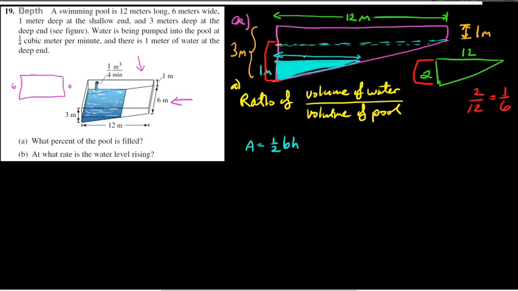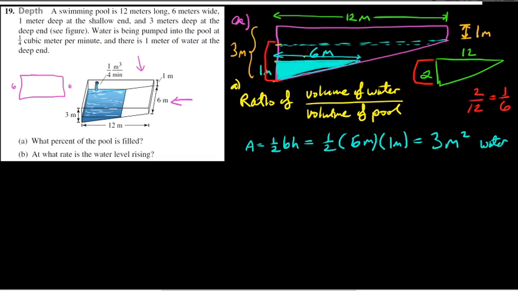So for 1 meter deep, this length here is just half of that. It's 6 meters. So 1/2 the base is 6 meters, and the height is 1 meter, so the area is 3 square meters. Right? So that's the area for the water.